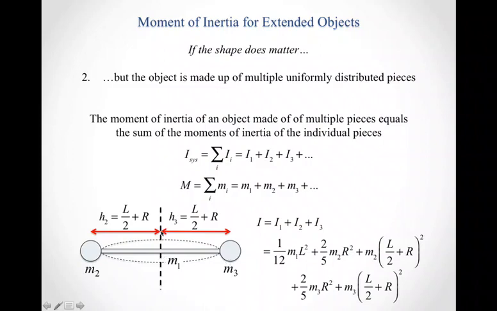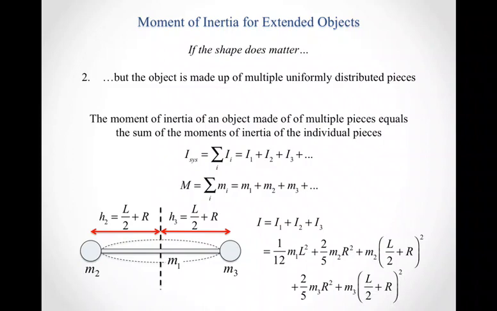It's spinning around this axis that's a distance L/2 + r away, and so using the parallel axis theorem, the moment of inertia for mass 3 is 2/5 m3 r squared, so 2/5 times the mass of object 3 times its radius squared, plus mass 3 times that distance h, (L/2 + r), and that gets squared.